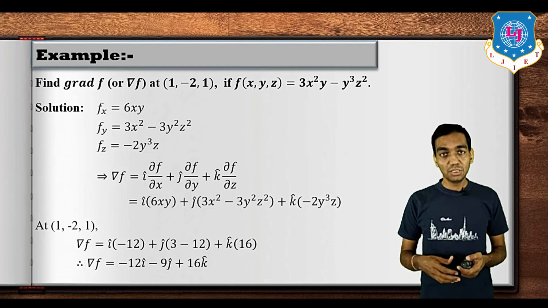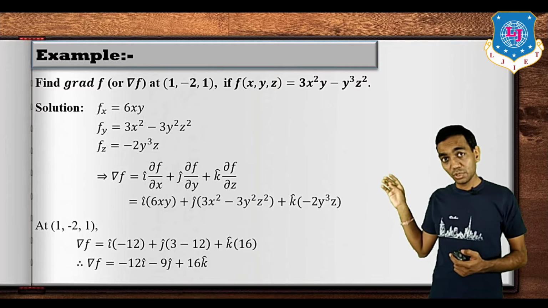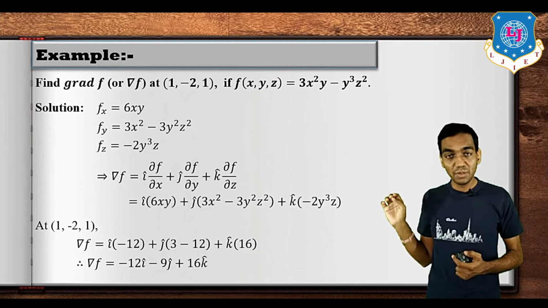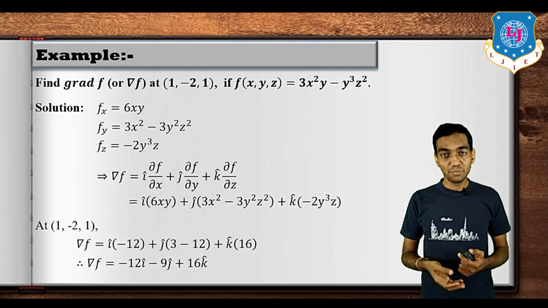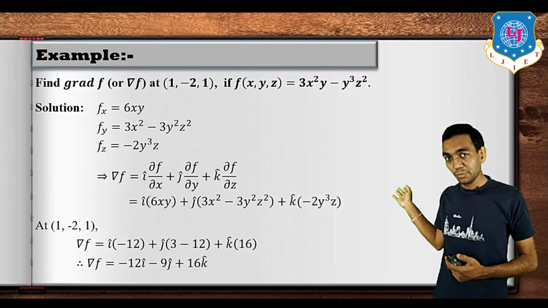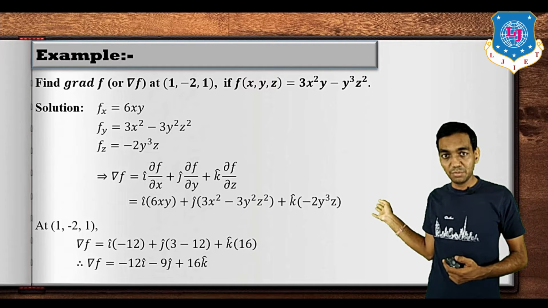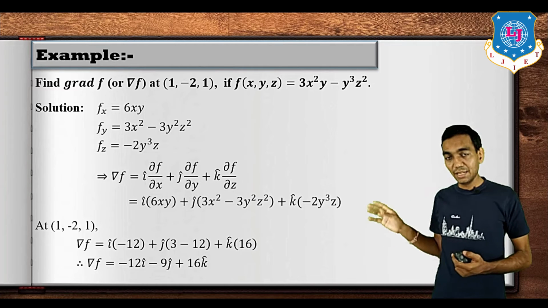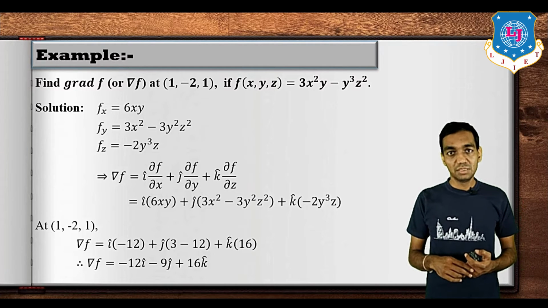Now, using the definition of gradient, grad f has a value i into del f by del x plus j into del f by del y plus k into del f by del z. That means it is i into 6xy plus j into (3x² minus 3y²z²) plus k into -2y³z.